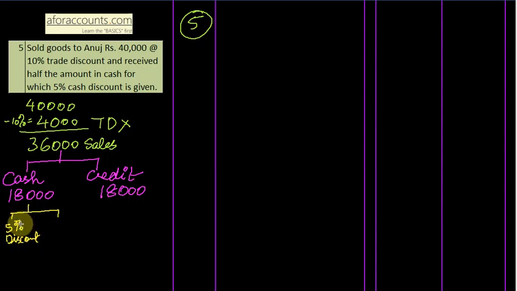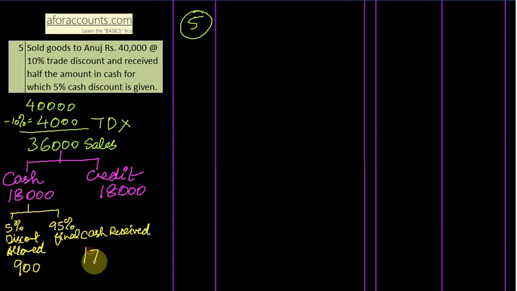You have sold, you will receive money, so you are allowing discount allowed. 5% of 18,000 comes up to 900, and final cash received 95% of it. So final cash received, how much is your final cash received? 18,000 minus 900, that comes up to 17,100.